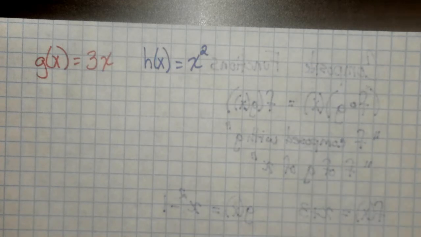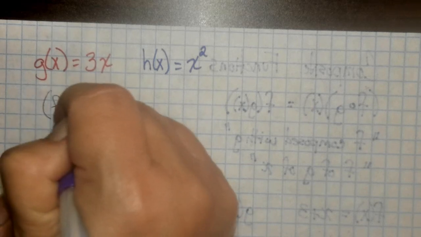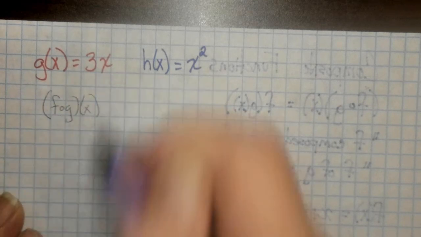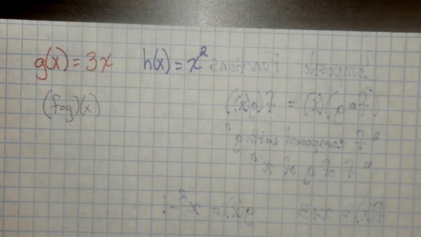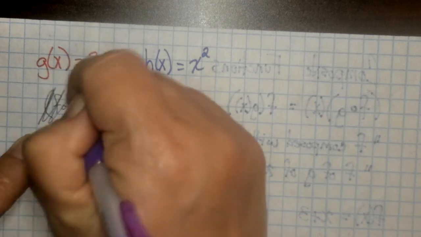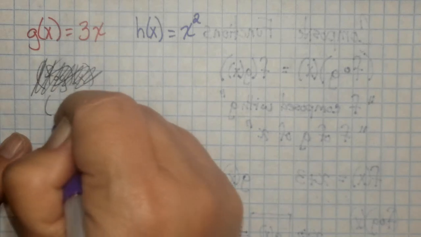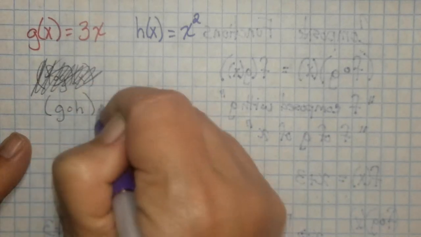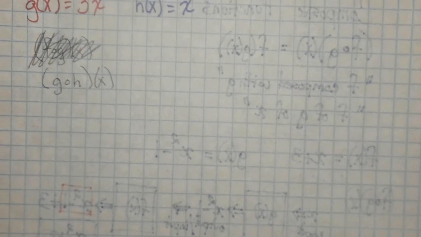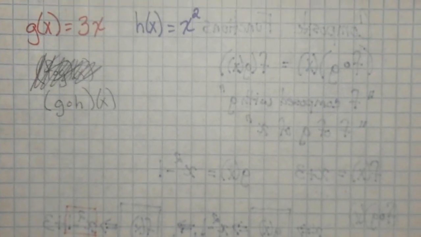Alright, so first I want you to compose f of g of x. No, you can't do that. There's no f. Let us compose g of h of x. So sorry, guys. No, I think we should flip those two back.